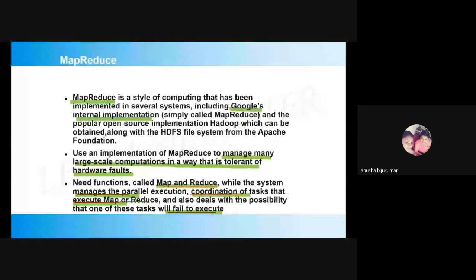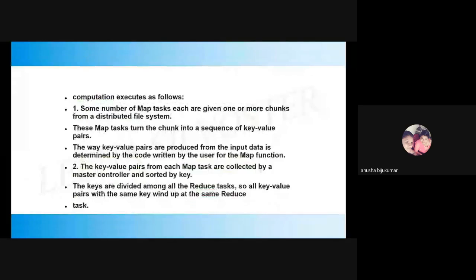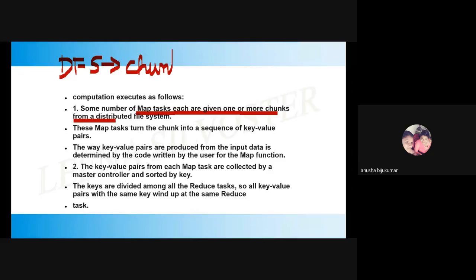Okay, computation steps. Map tasks are given one or more chunks. Where do these chunks come from? Chunks come from the distributed file system. So from the distributed file system, you will get chunks, and chunks are assigned to map tasks.